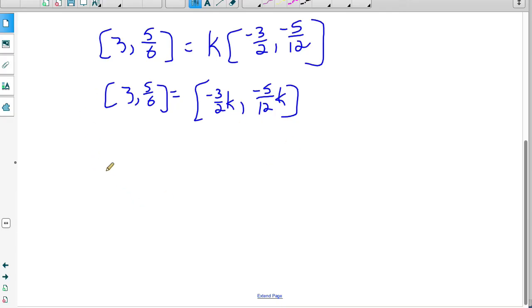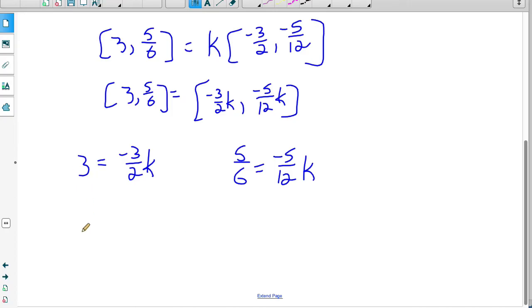Is there some scale factor that keeps the ratio between the x's and the y's the same? So in order for this vector to be equal to this vector, the x components have to be equal. So 3 must be equal to negative 3 over 2 times k. And the y components must be equal. 5 over 6 equals negative 5 over 12 times k. And now we just have to solve both of these equations for k.